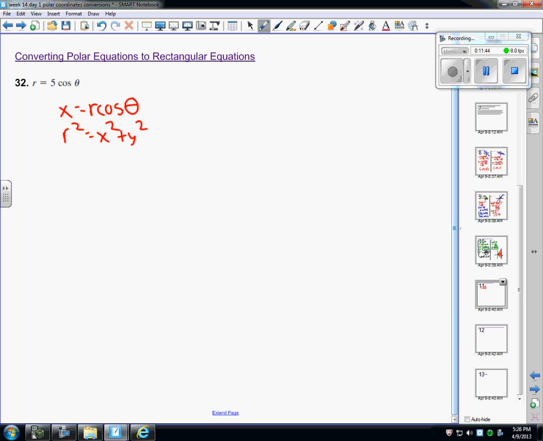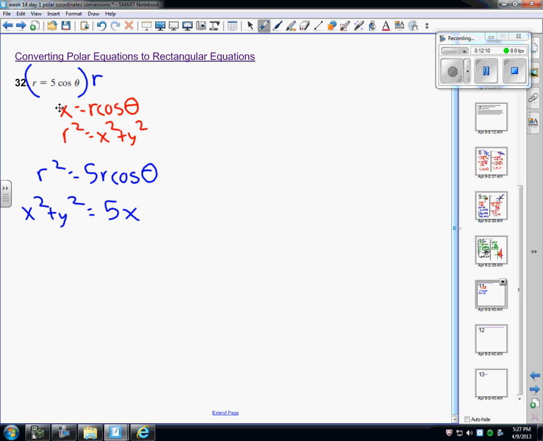So both guys here are missing an r. If there was an r on the right and on the left, life would be a lot smoother. So I'm going to multiply by an r. I'm going to go r squared is 5r cosine theta.